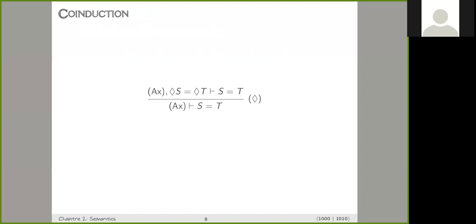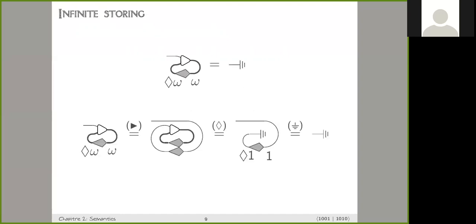So in practice, how do we use it? Let's come back to infinite storing. We start from the diagram on the left. Then we first use a distribution rule, so we unfold one step of the diagram. We end up with this. And here we see we recover exactly the same shape, the same diagram as before, but delayed one time into the future. So here we can apply the coinduction principle to say that this delayed diagram is equivalent to the delayed tracing out, the delayed discard map.